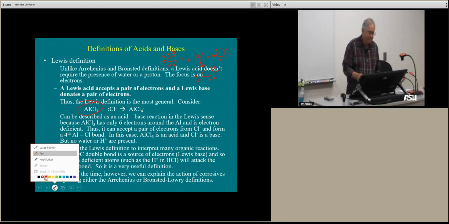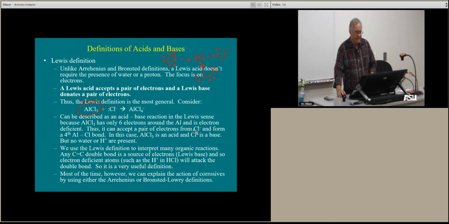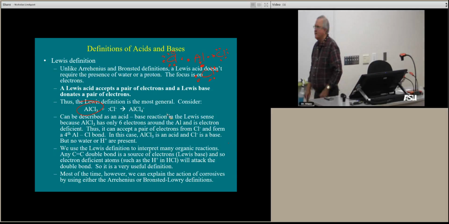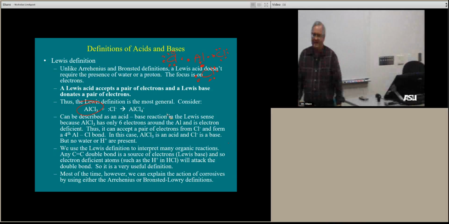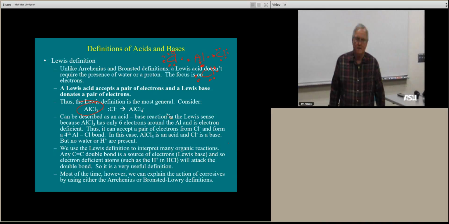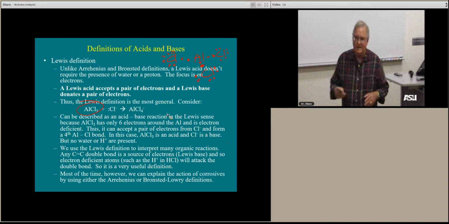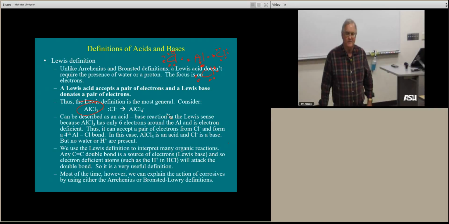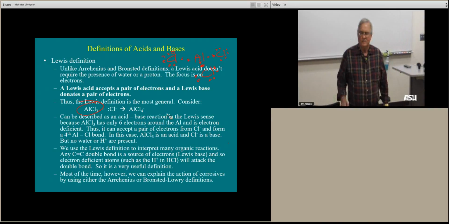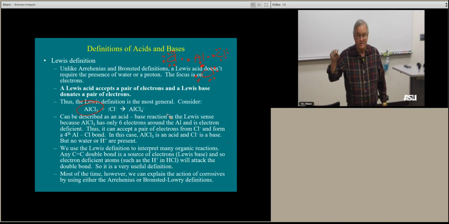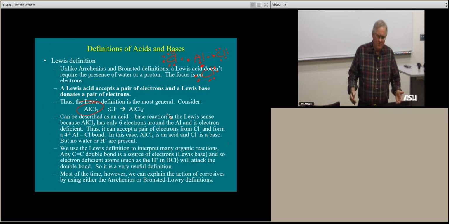Okay. All right. Well, anyway, take a look at this reaction here. AlCl3 plus chloride ion, Cl minus. Do you think the aluminum trichloride would have a tendency to react with a chloride ion? Well, the chloride ion has 8 electrons around it, right? It's pretty happy. You know, like sodium chloride, that chloride ion is pretty happy. Sodium chloride is not very reactive.